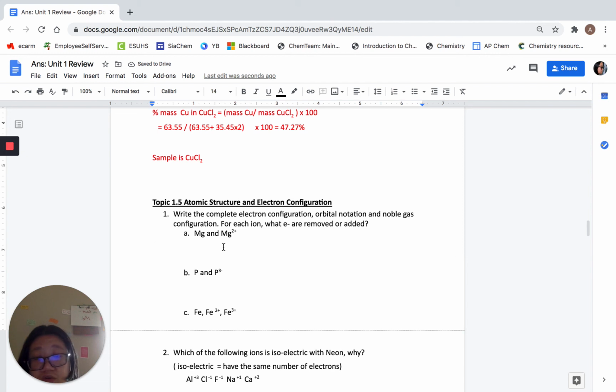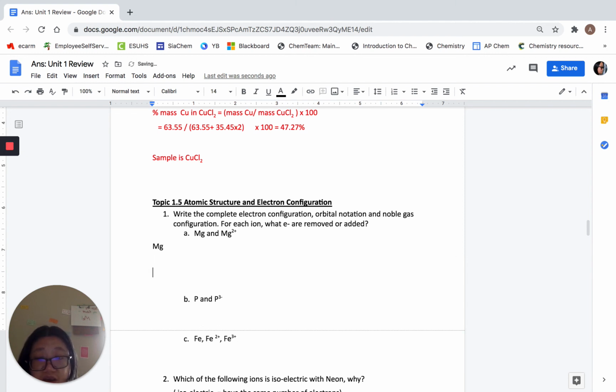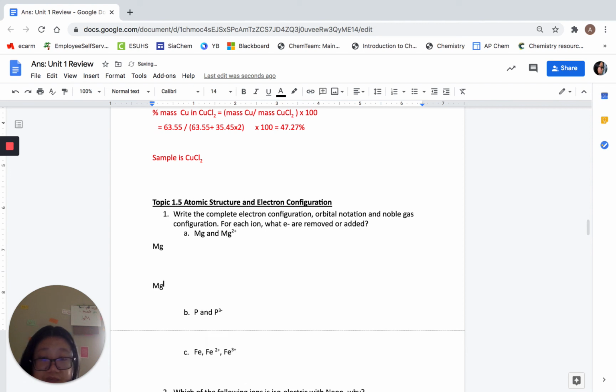I'm going to have Mg and then Mg plus 2. Let's try to be a little bit neat. For each one, we're going to do the complete configuration. So Mg ends at 3s2.